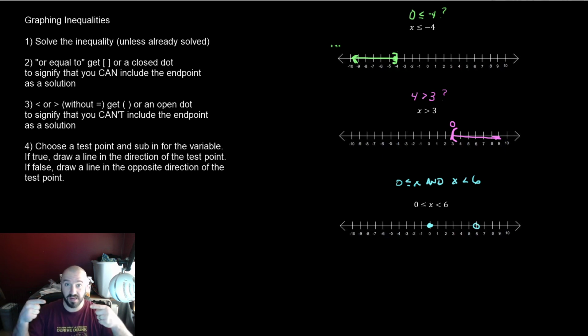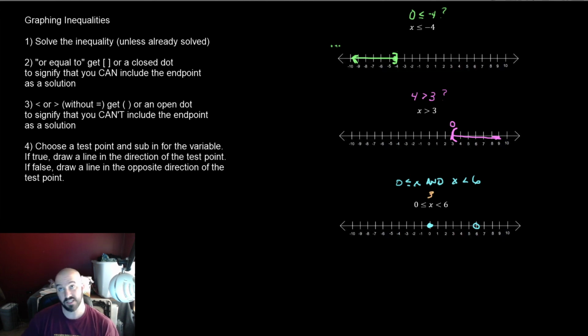Now, I have two options. I'm either coming onto the inside of it, or I'm going outward. So I just need to pick something that's either inside or outside to test. Let's pick 3 because it's kind of in the middle and, well, it's easy to test. So I plug a 3 in for x and I say, okay, is 0 less than 3? Yeah, all right.